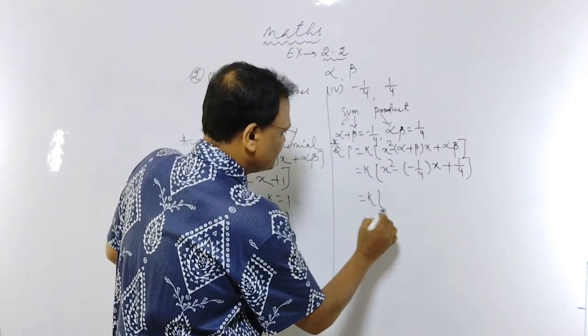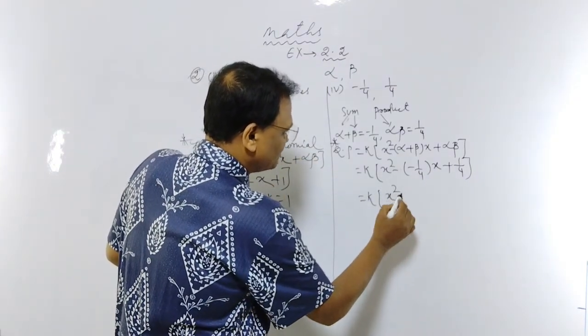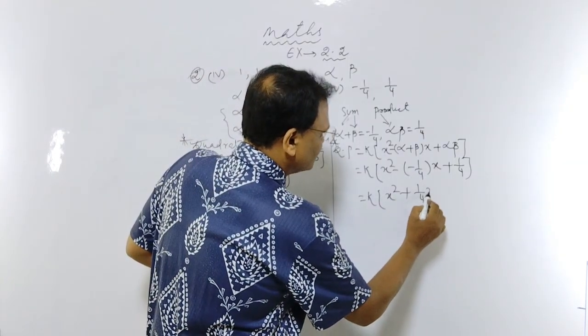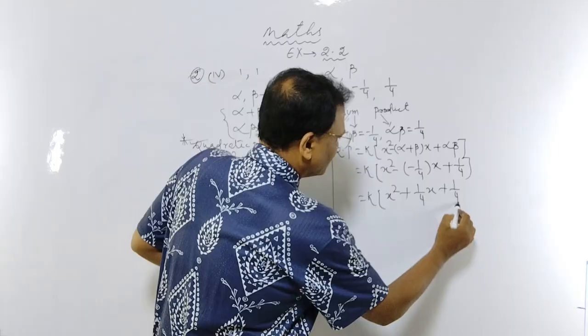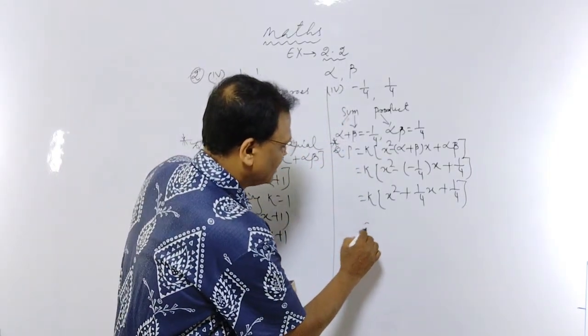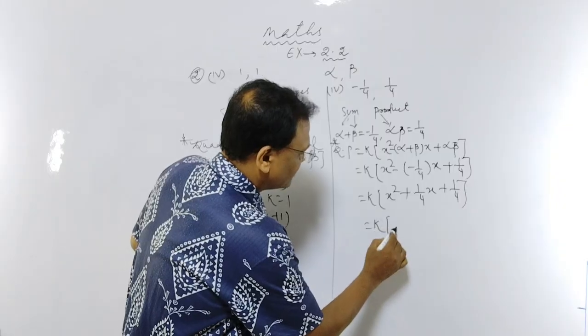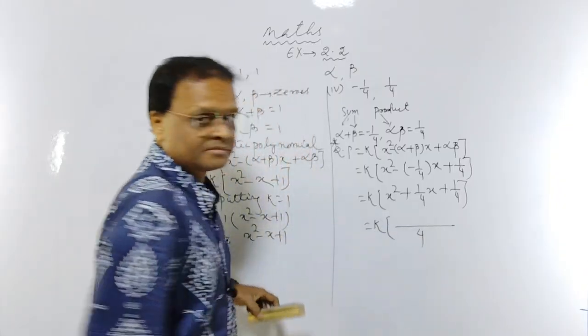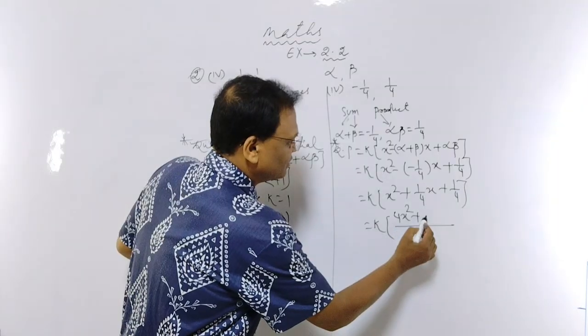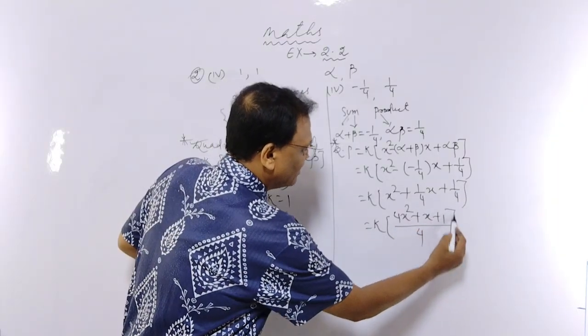So this gives me k of x square minus and minus, plus 1 by 4 x plus 1 by 4. Further, if I simplify, this will definitely give me k of 4x square plus x plus 1 over 4.